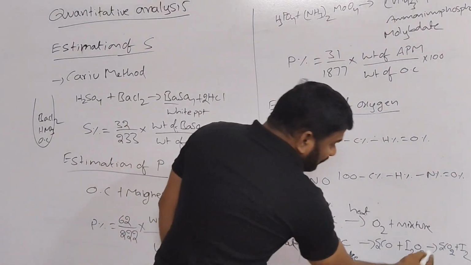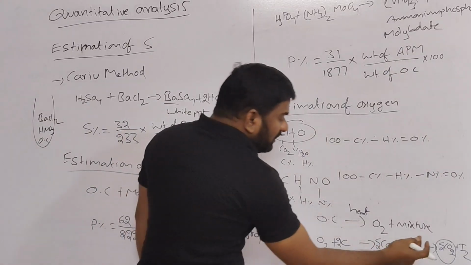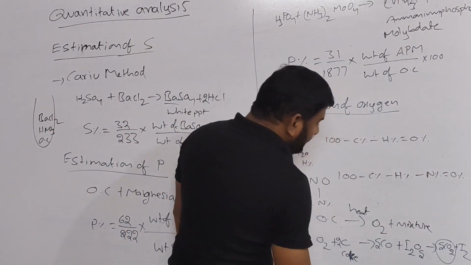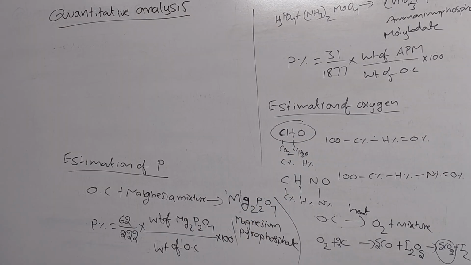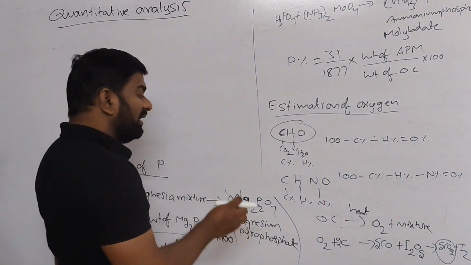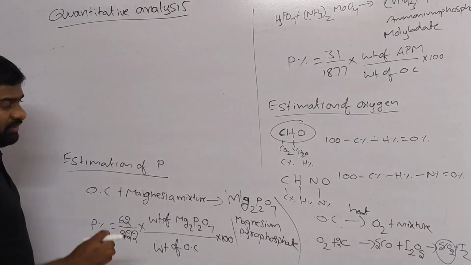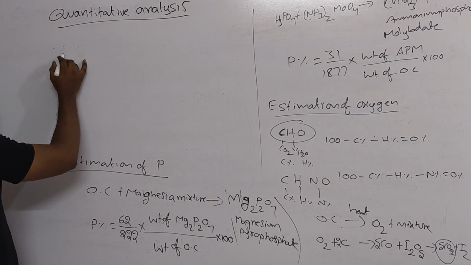So by adding I2O5, if you are getting CO2, that is due to the presence of the oxygen atom. So you can calculate the oxygen percentage.